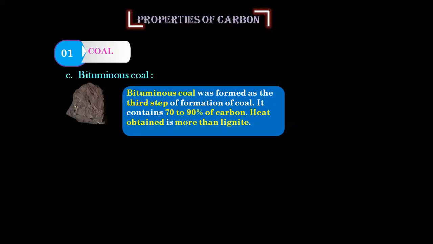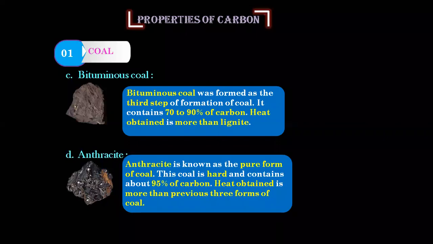We're done with peat, lignite, and bituminous coal. And what's the fourth one? Very nice, it's anthracite. Very good, Aditi. Anthracite is known as the pure form of coal. This coal is hard and contains about 95% of carbon, and definitely the heat obtained from it will be much more than the previous three forms of coal.